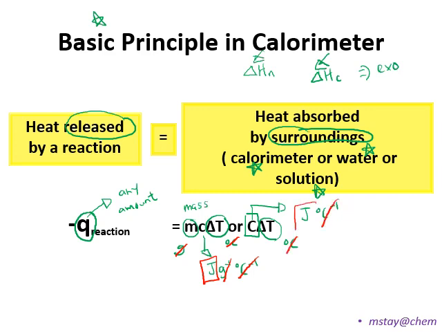Then we are left with the unit of joule, which again represents the heat energy. So the heat absorbed by the calorimeter, water or solution is represented by either mc delta T or C delta T, depending on the question, whether the small c, specific heat capacity, is given, or the heat capacity is given.